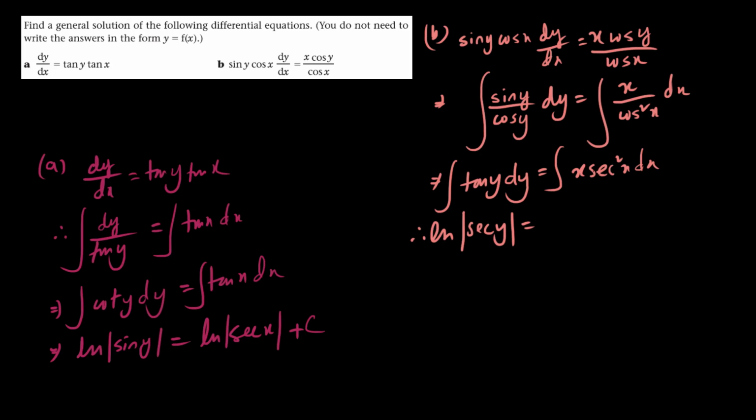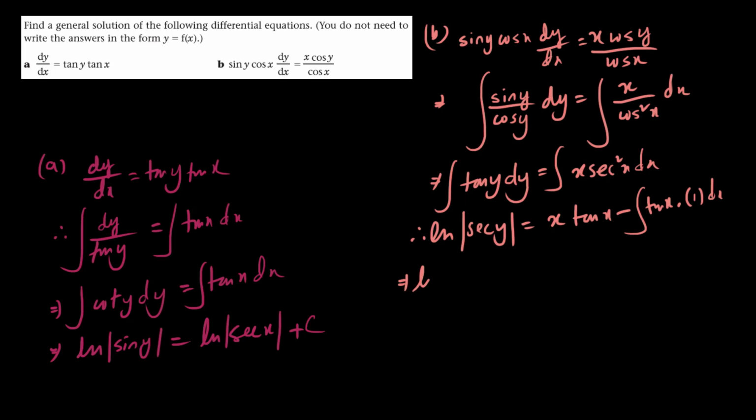This is going to be integration by parts. So using integration by parts, this is u, and this is dv by dx. That means the integration of sec squared x is going to be v, that is tan x, multiplied by du by dx, and du by dx of x is going to be 1.